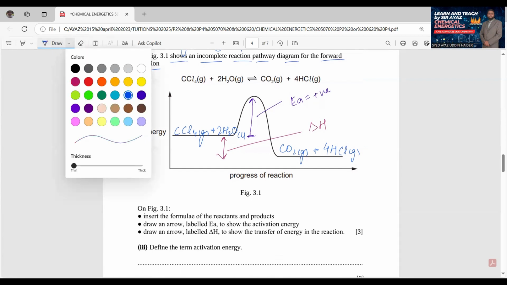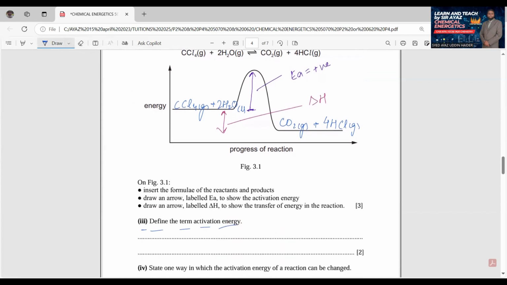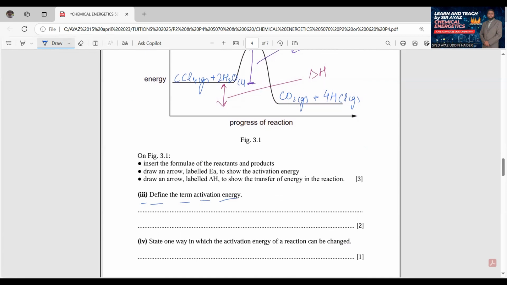Moving to next question. Define the term activation energy. So it's the minimum energy that colliding particles must have to react.